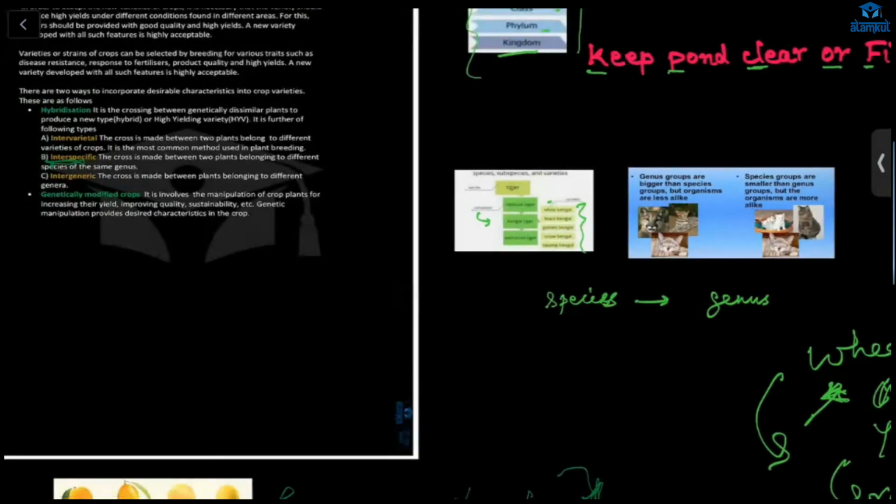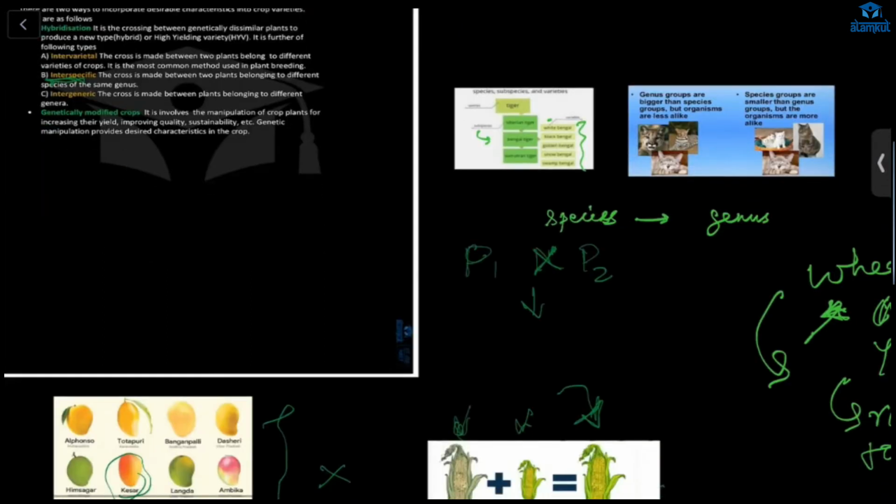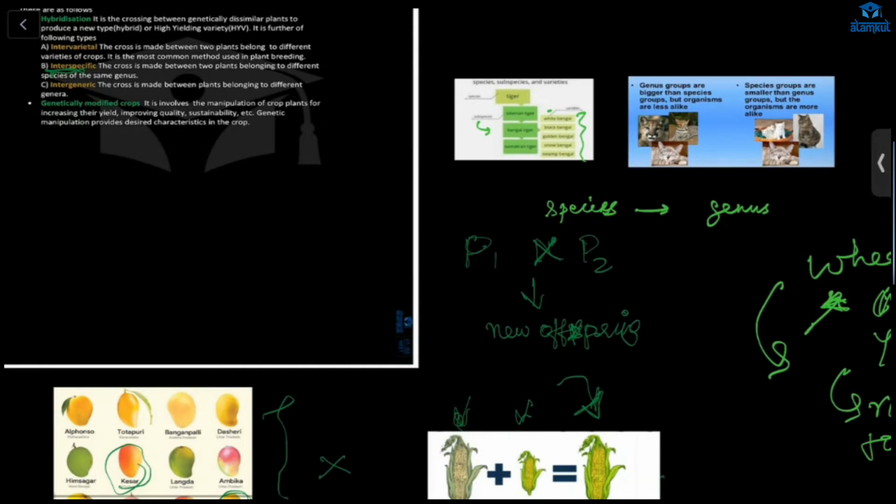From that we get progeny. Cross plant one with plant two, and what we get is a new offspring, a new crop. You can write crop.